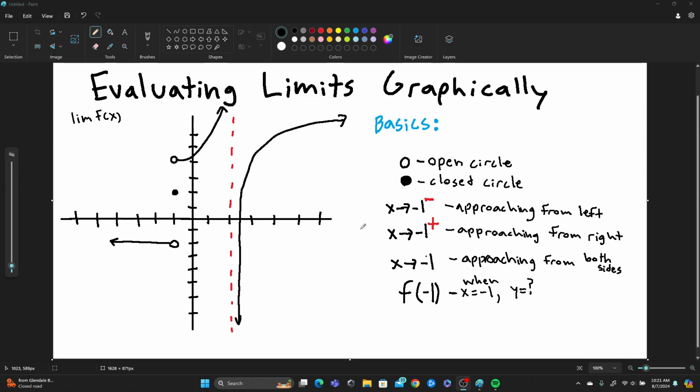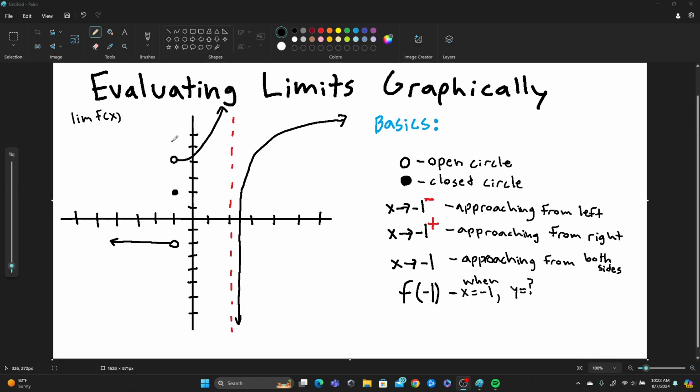And then finally we have the limit of f of x as x approaches -1. That means we're approaching from both sides. So we start where we started before and where we started after that, and we approach, get closer, approach, get closer. But if you remember, this one was approaching the y value of -2, and this one was approaching the y value of 4.